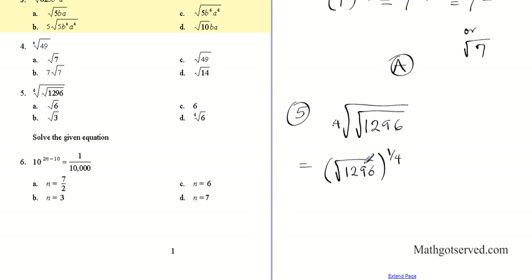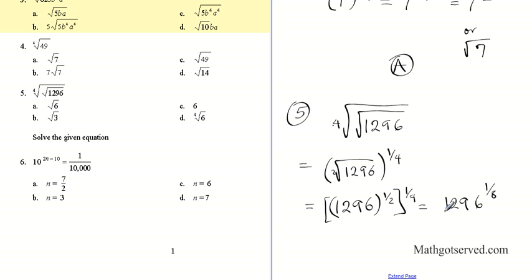Now this square root here doesn't have a number, so the default number is 2. So I'm going to express this as a rational exponent. This is going to be 1296 raised to the 1/2, and then that raised to the 1/4. Multiply the powers, I'll end up with 1296 raised to the 1/8.